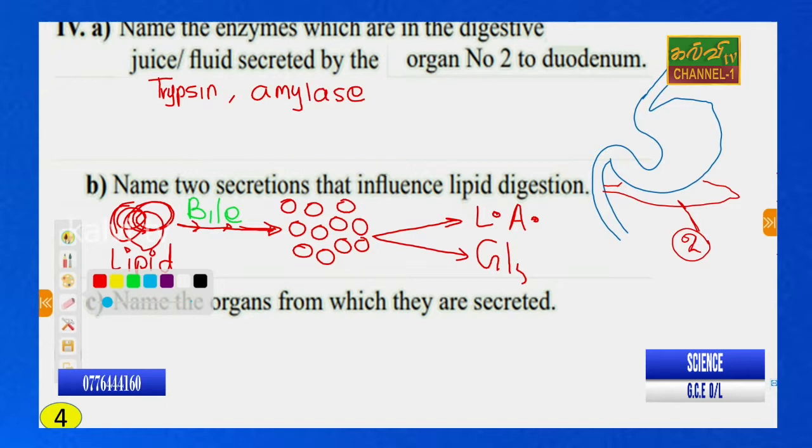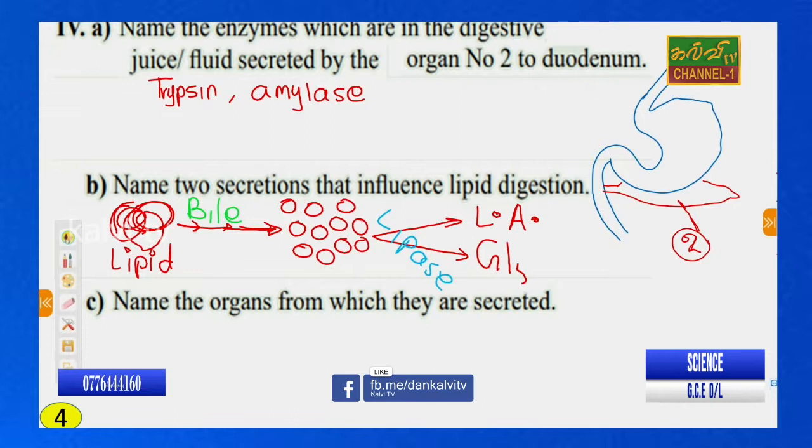That special enzyme called lipase helps to convert that. Here, the 2 secretions that influence lipid digestion, right? That is lipase. So we should mention that. Otherwise, we can mention the pancreatic juice.